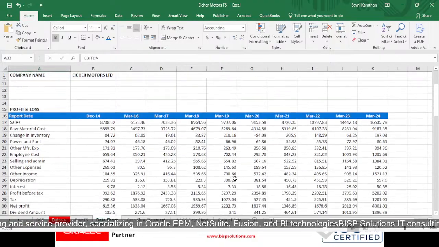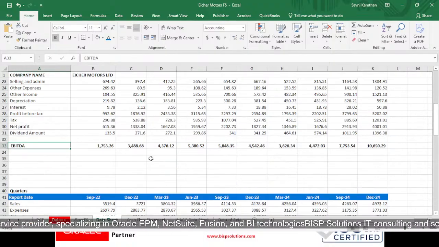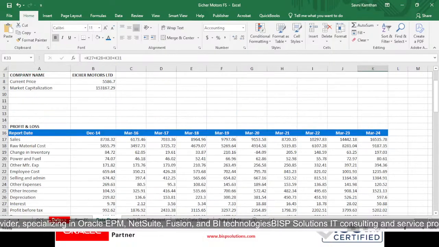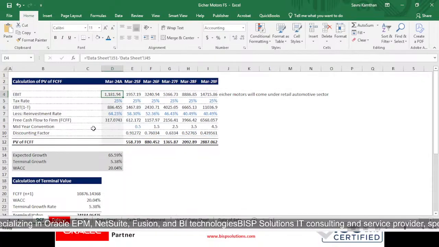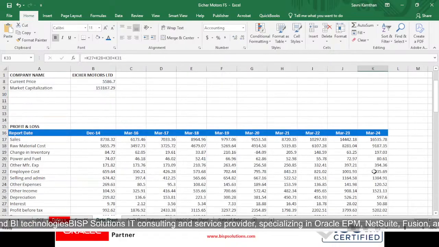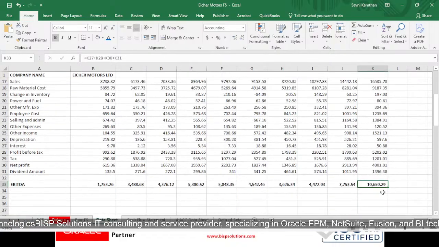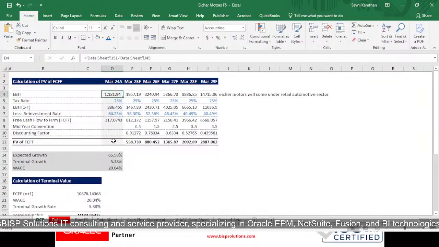Which is EBITDA. We are taking last year's data and these 5 years for our forecasted data. So for EBIT, we have taken from our data sheet last year's data, which is 10,650, and I have deducted my depreciation, so I will be getting my EBIT.